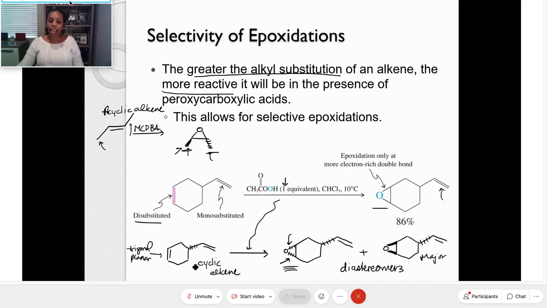So if we had, instead of having one equivalent, I'm starting off with that same starting material. If we had two equivalents of our peroxycarboxylic acid, then we'd end up with this mixture of diastereomers, where we could do the epoxide here, and we could do the epoxide here.